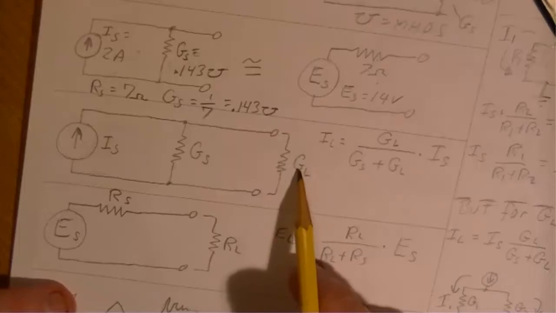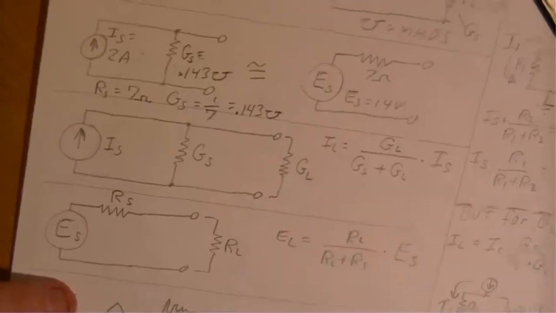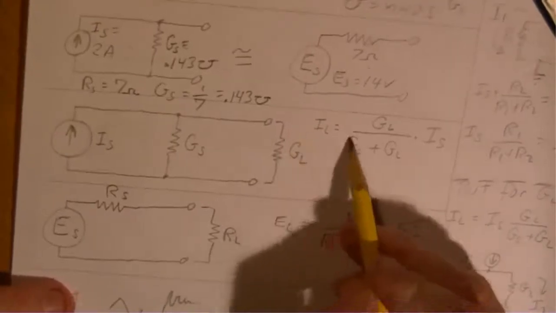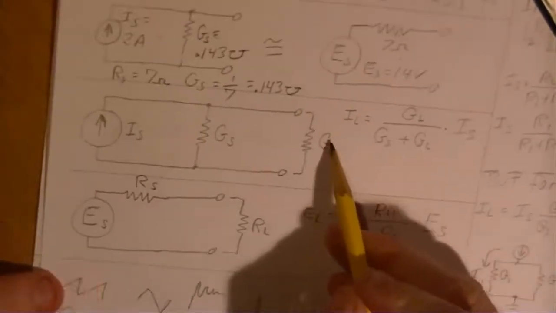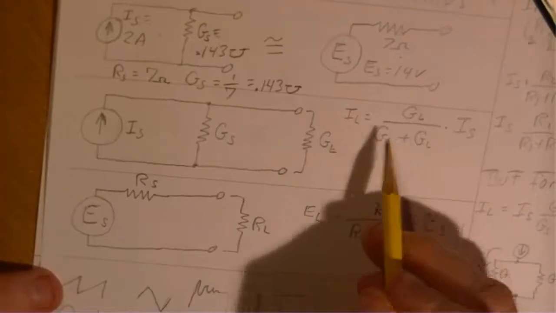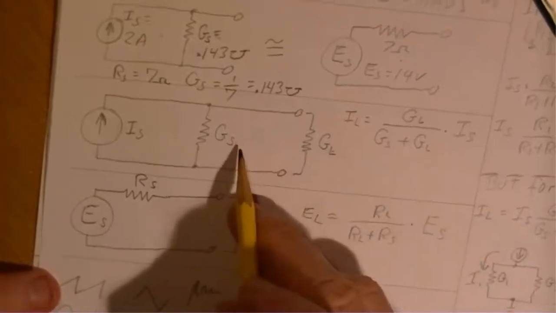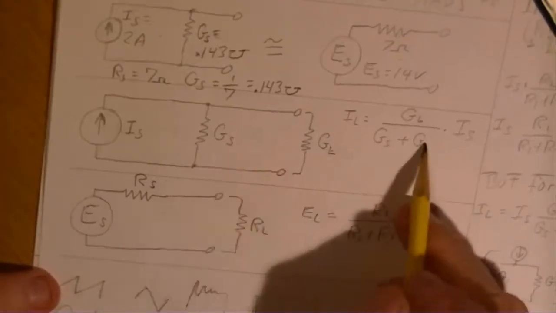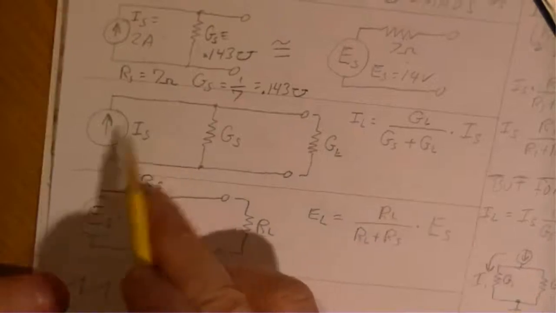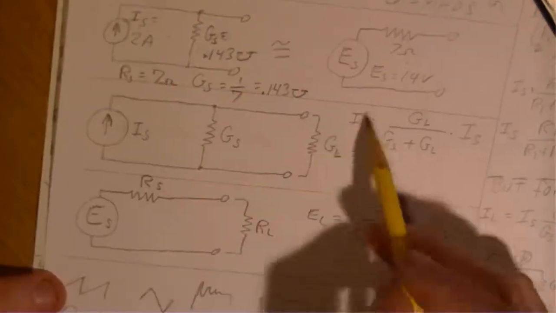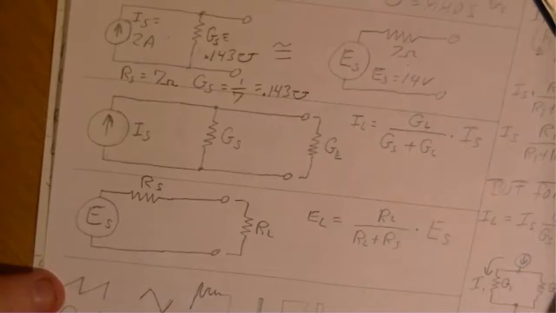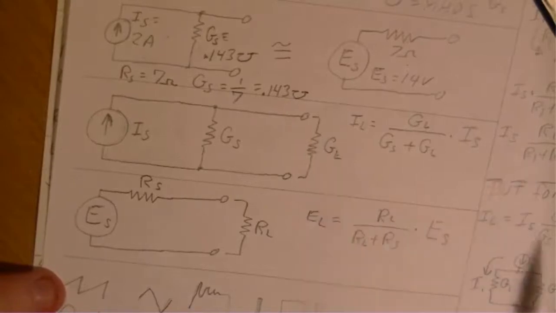In this case, the current through this branch is equal to the load conductance divided by the total source conductance plus the load conductance, multiplied by this source current, and that gives you the load current. And once you know the load current, then you can find a load voltage.